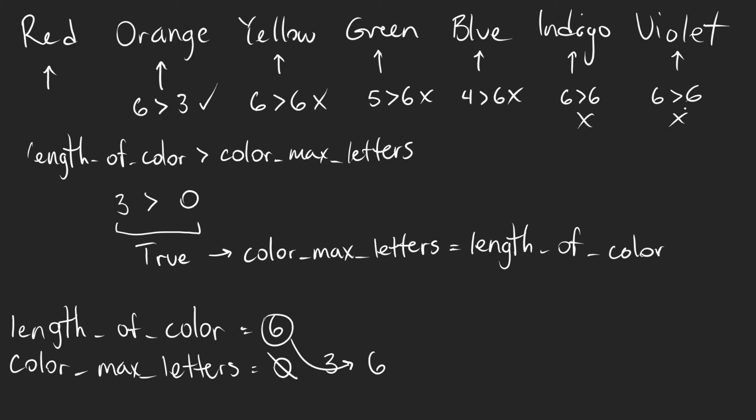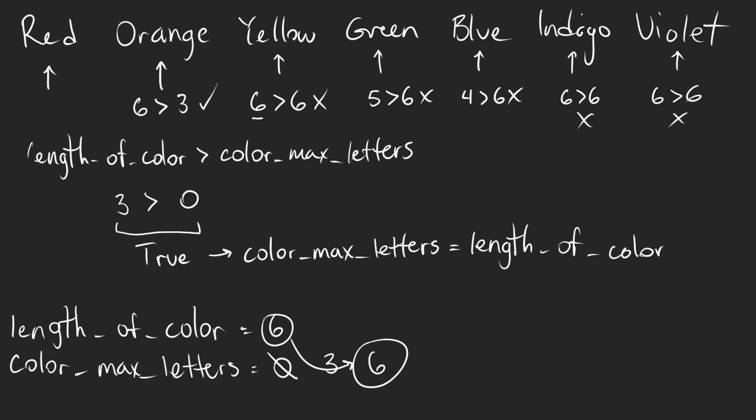No. So currently what our algorithm is going to do is calculate the length of the colors, and we find that the max is indeed equal to 6. So we know that the maximum number of letters in the colors in this list is 6.